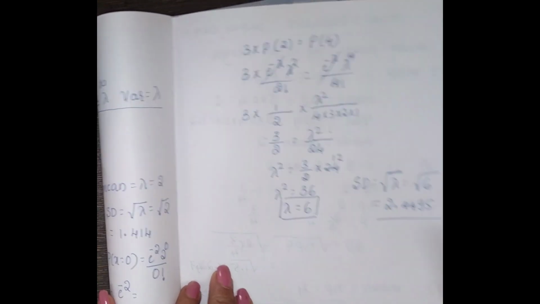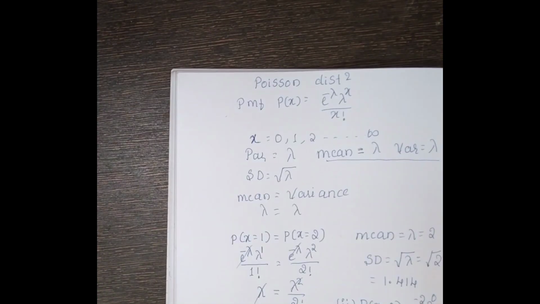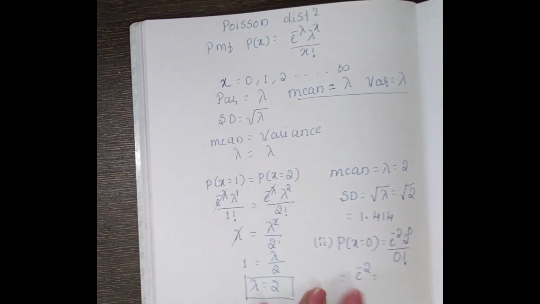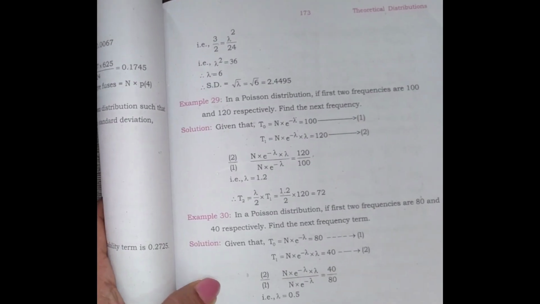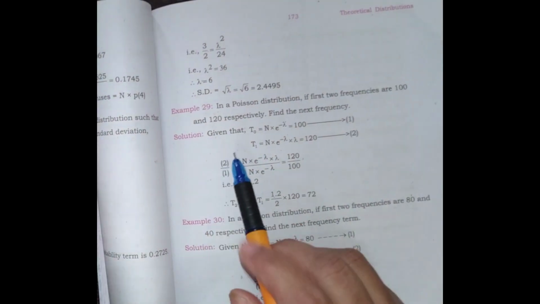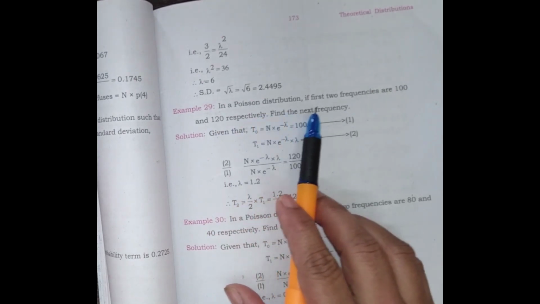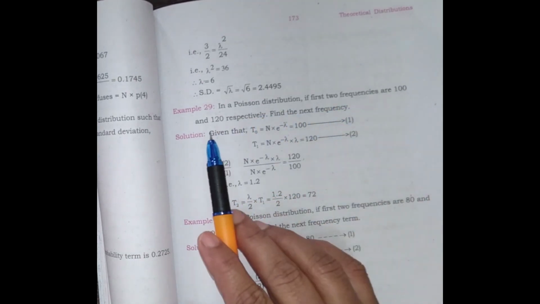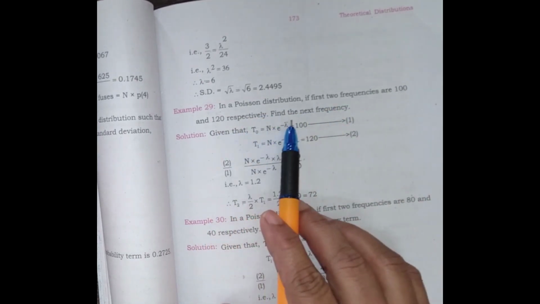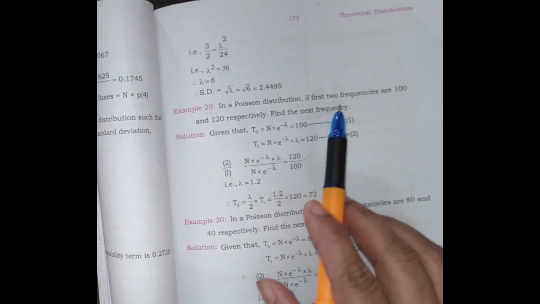Okay, then question number 29 in the textbook. In a Poisson distribution, the first two frequencies are 100 and 120 respectively. Find the next frequency.